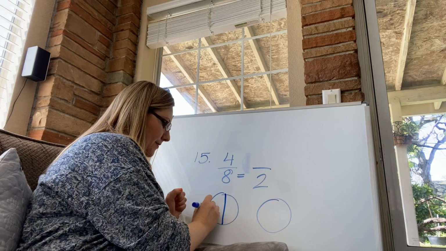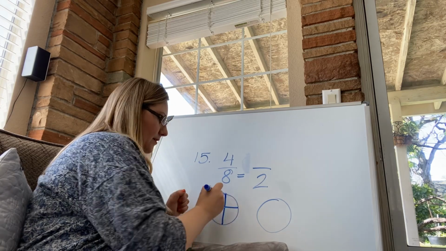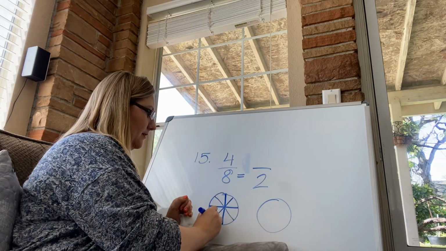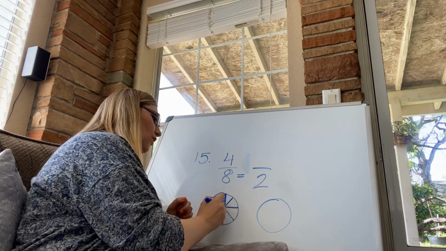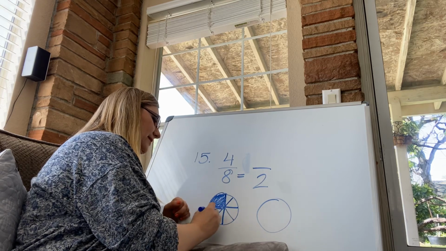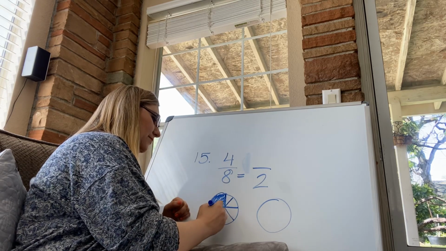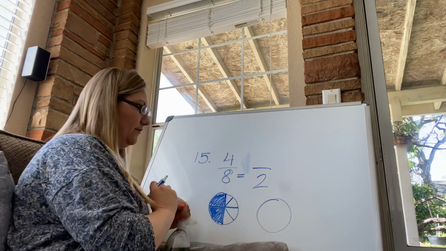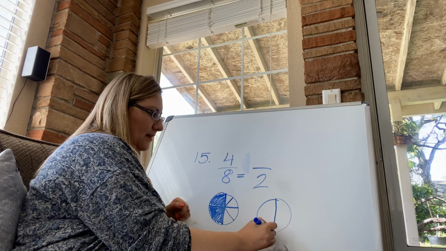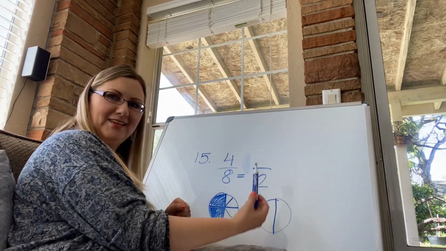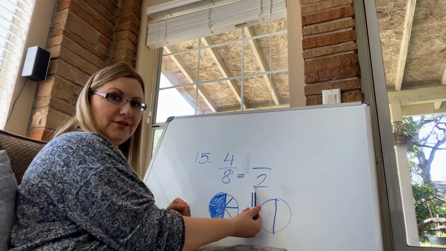But for now, let's cut this into 8, and let's shade 4 of those 8, going counterclockwise. So keep order, keep them the same, so you can see what's going on. So 4 of those 8, cut this one into 2 equal parts.